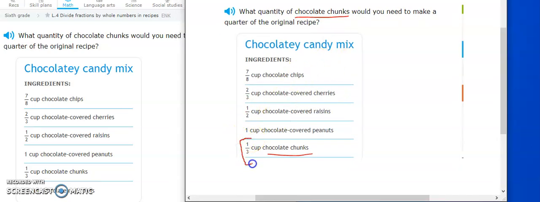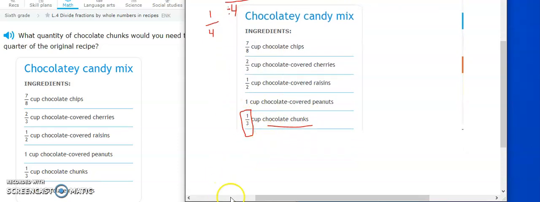So I'm going to need to take my 1/3 of a cup of chocolate chunks, and I'm going to make a quarter of the recipe. Making a quarter is 1/4 of the recipe, or just dividing it by 4. So I'm going to take my 1/3 and divide it by 4. I know that that is the same as dividing it by 4/1.